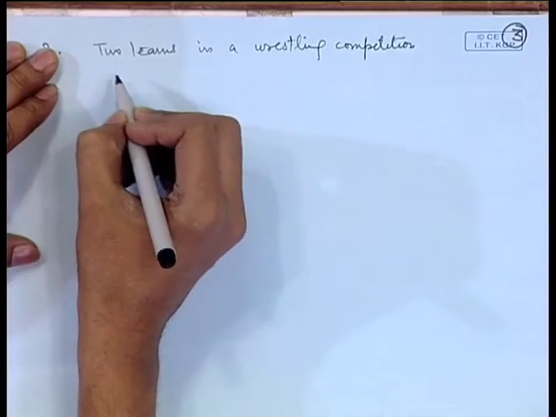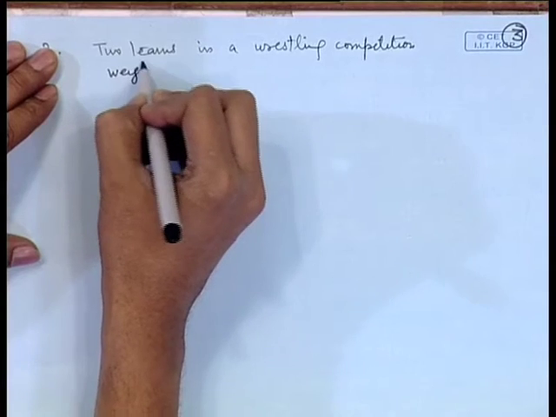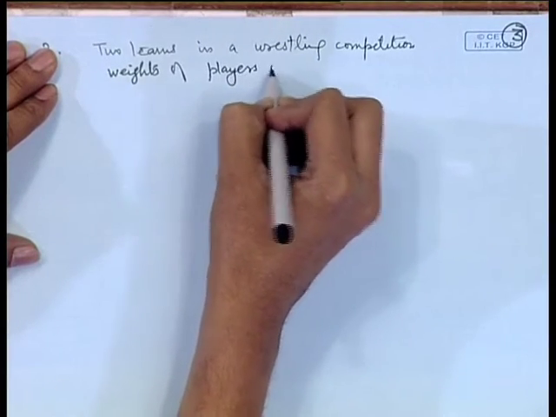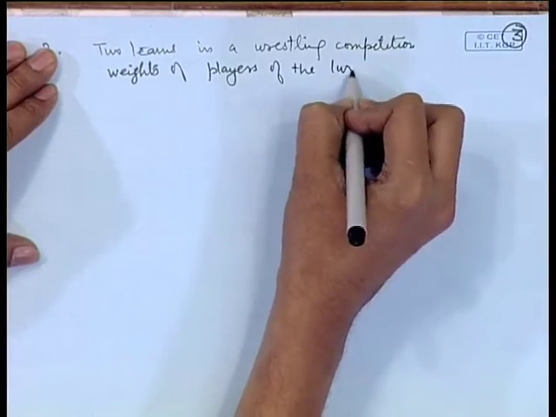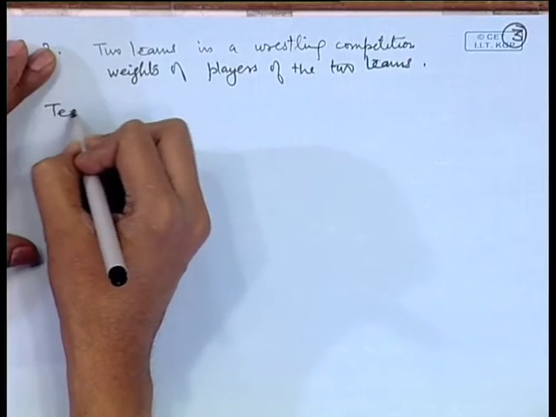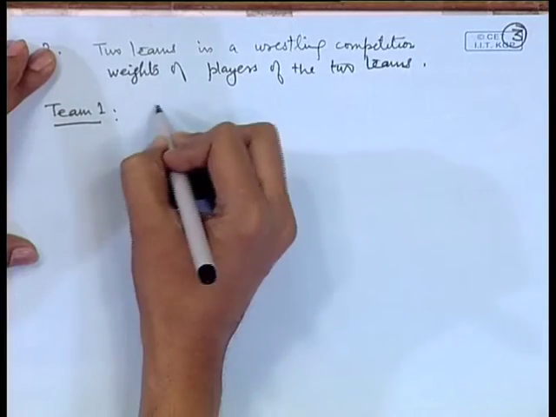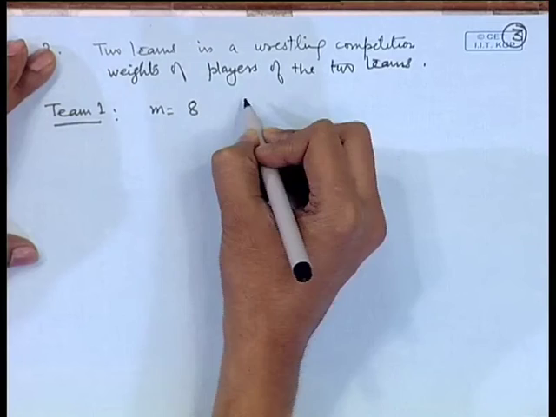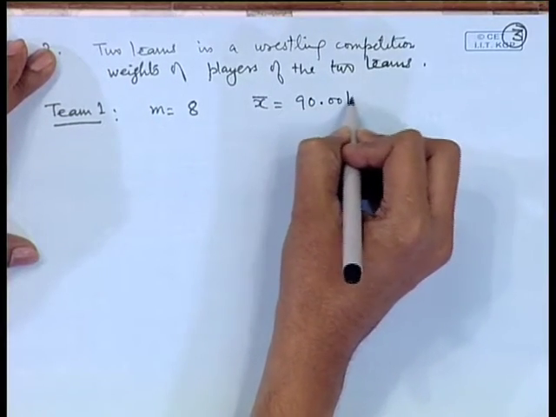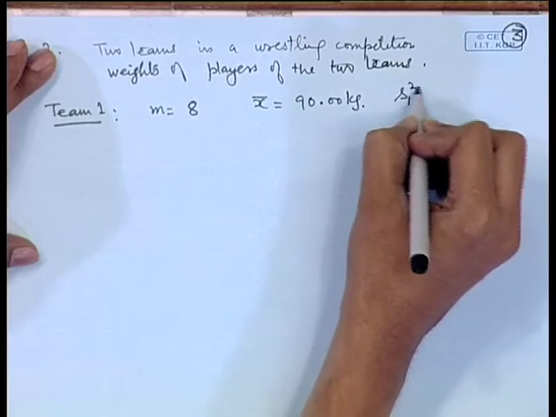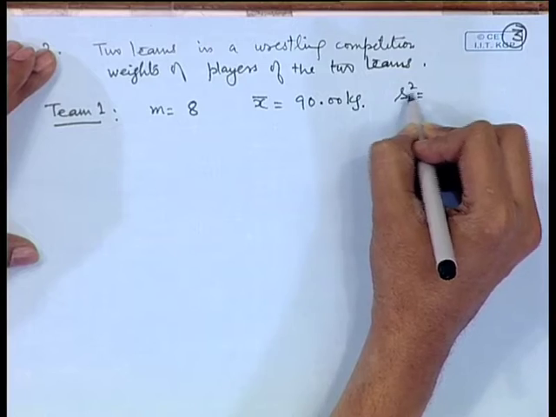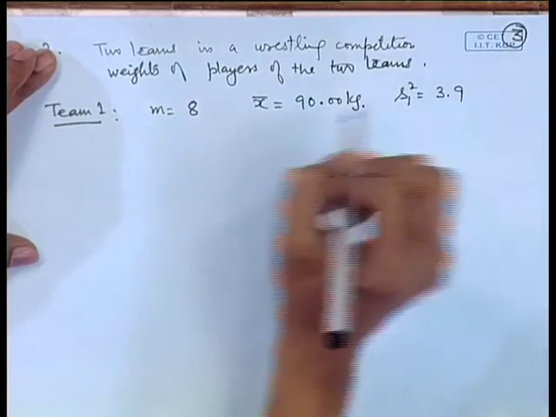So, we have weights of players of the two teams. From team 1, 8 wrestlers are randomly selected and their average weight is 90 kg, and the standard deviation is calculated from the sample, and S1 square turns out to be 3.9.